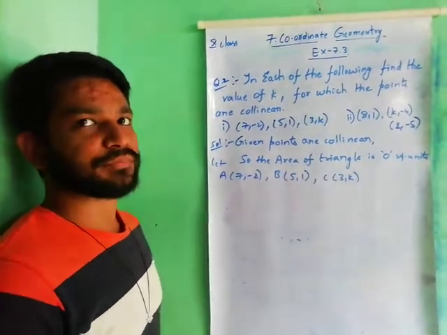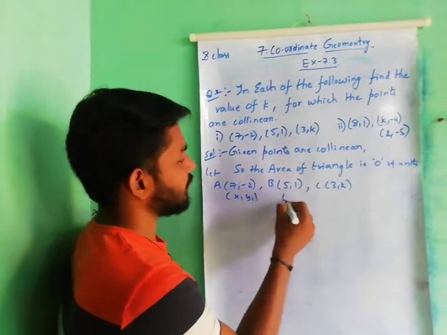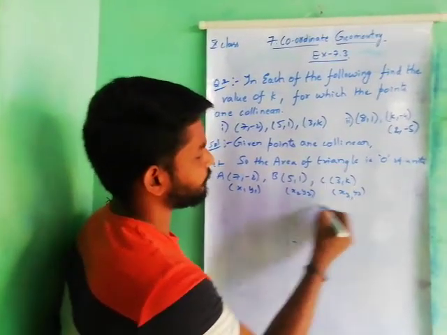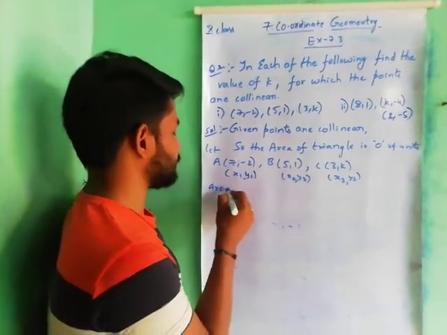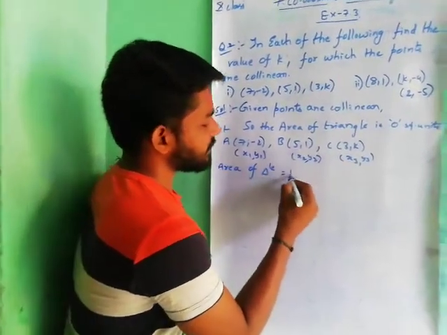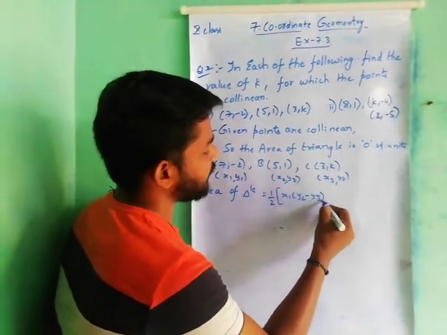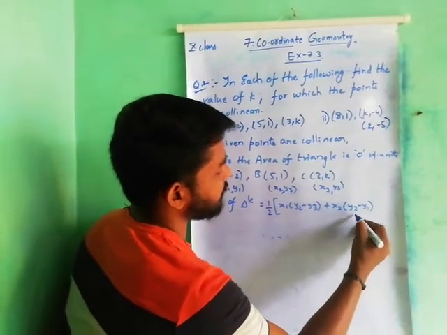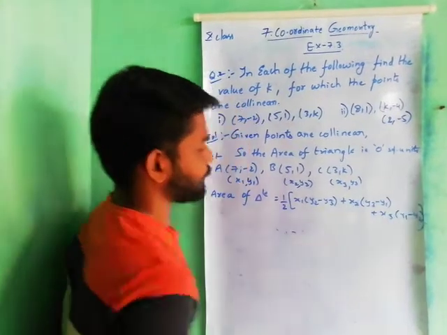So this is x1, y1, x2, y2 and x3, y3. Area of triangle is equal to half into x1 into y2 minus y3 plus x2 into y3 minus y1 plus x3 into y1 minus y2.